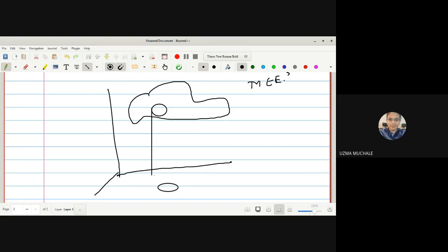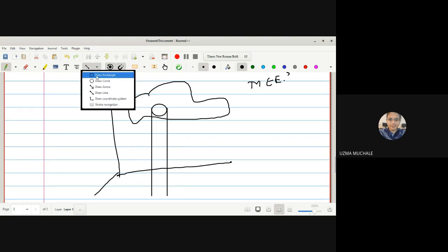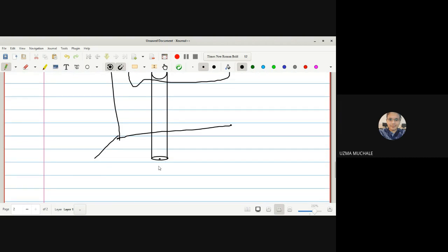So what will happen here, for every point in your xy plane, this is D, which is a subset of E2 space.